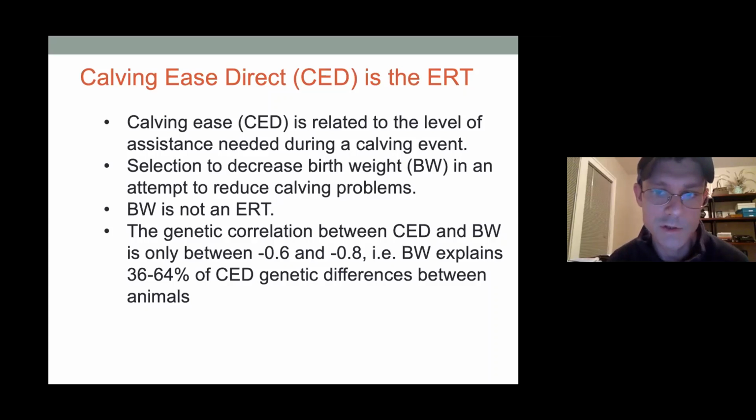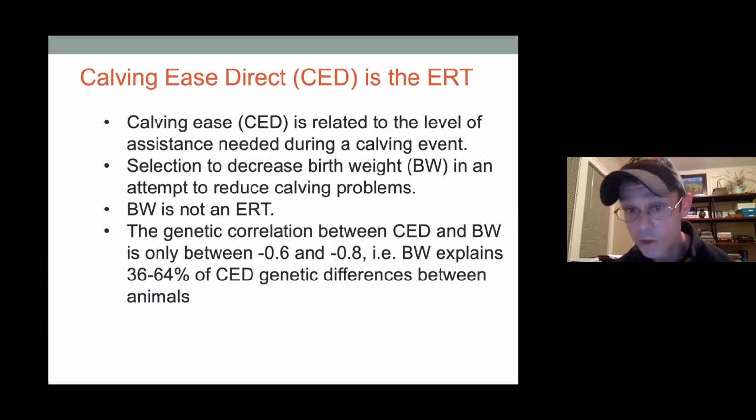And in fact, the genetic correlation between calving ease and birth weight is somewhere in the -0.6 to -0.8 range, meaning that birth weight explains somewhere between 36 and 64% of the genetic differences for calving ease. So it's a very useful indicator, but it doesn't tell us the whole story.